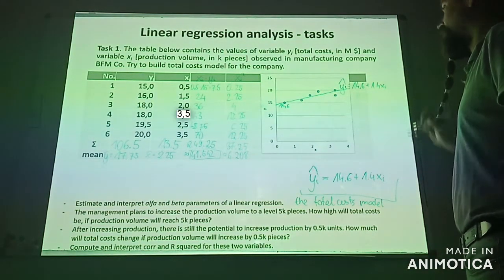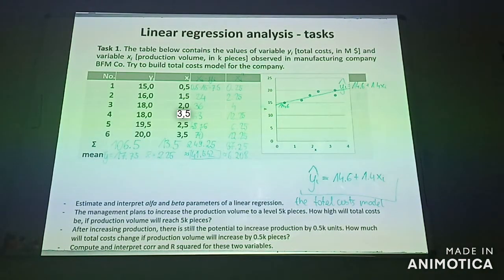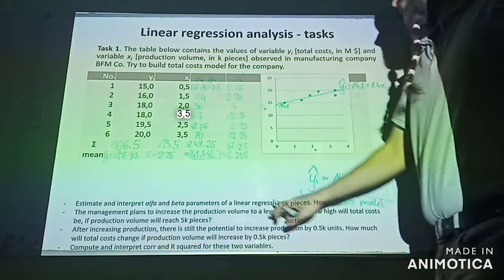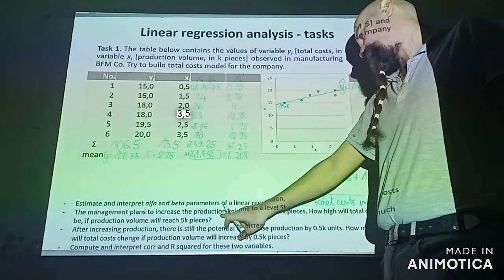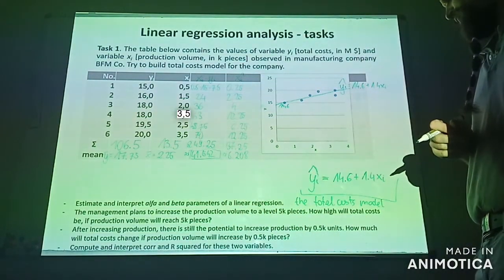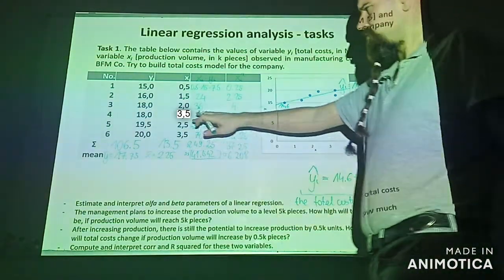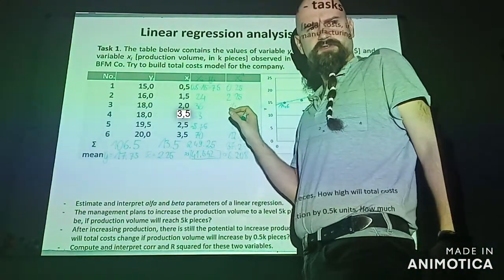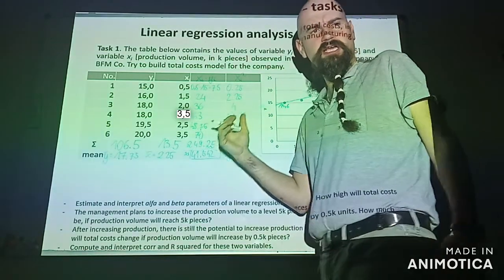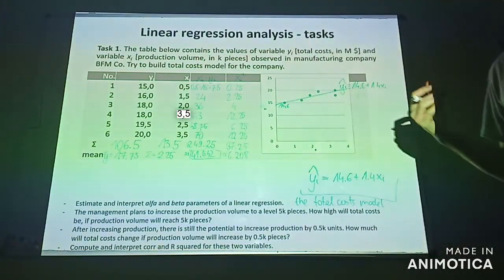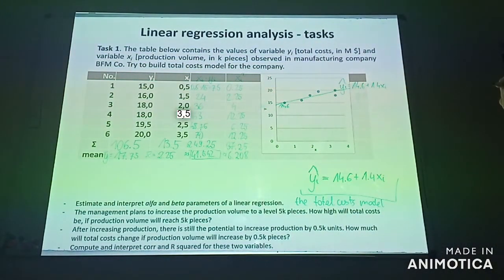And now we are able to answer some questions. The management plans to increase the production volume to a level of 5,000 pieces. On the basis of this information, this kind of level of production has never been seen before.